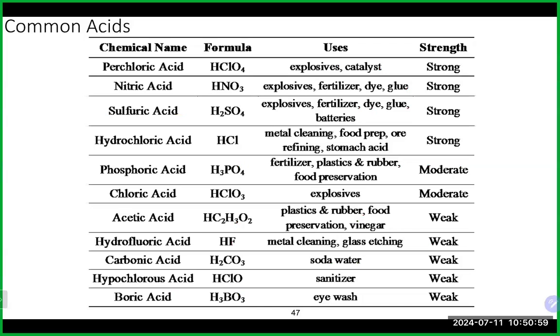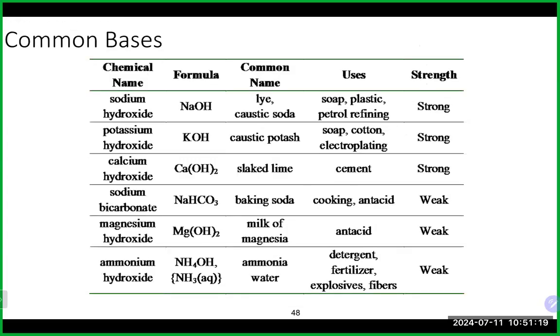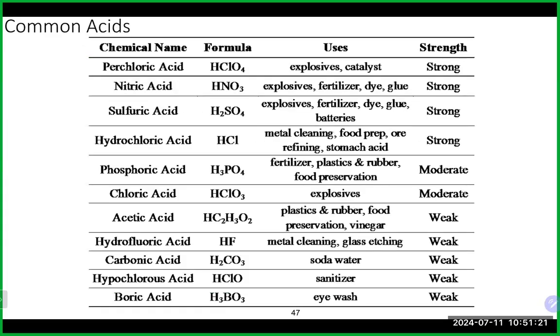There are some strong acids and strong bases, which are pretty much good things to know, because if you sort of know the strong acids and strong bases, by the process of elimination, you pretty much can determine that something else is probably going to be a weak acid or a weak base. So some strong acids and strong bases, I would say these are your big strong acids, which are really good to know for our class.